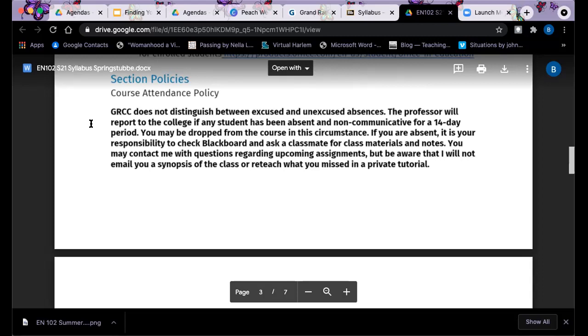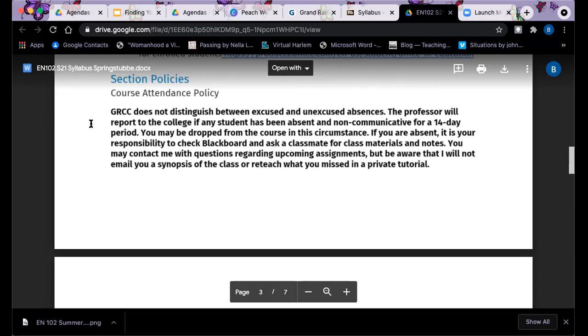As professors, we can make our own policies around attendance, but it can't affect your grade so significantly that it could cause you to fail. Attendance alone could cause you to fail. However, if you miss a lot of classes, miss a lot of assignments, miss a lot of your work, you probably will fail.